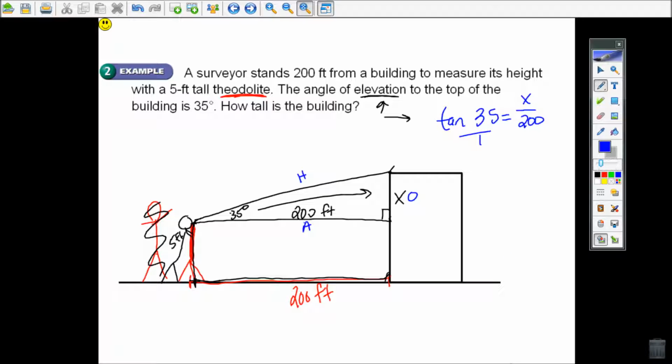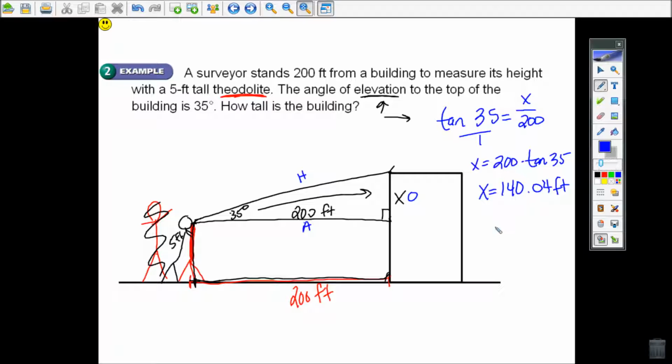And then we're going to cross multiply. So we have x equals 200 times the tan of 35. So x is going to equal 140.04. It doesn't tell me how to round, so I'm going to do the nearest hundredth, because when it doesn't tell me, I'll just do the nearest hundredth.